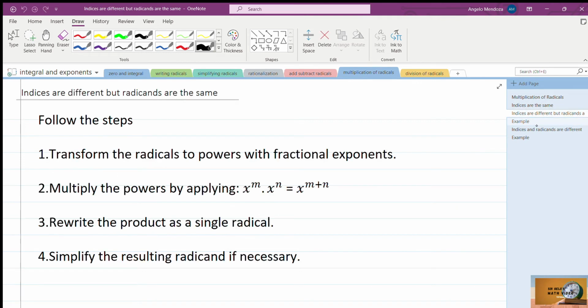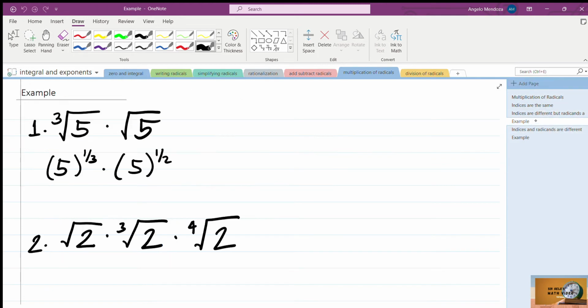Then the next step, multiply the powers by applying the laws of exponents. Since they have the same radicand, we can rewrite 5, then we have to add 1/3 plus 1/2.